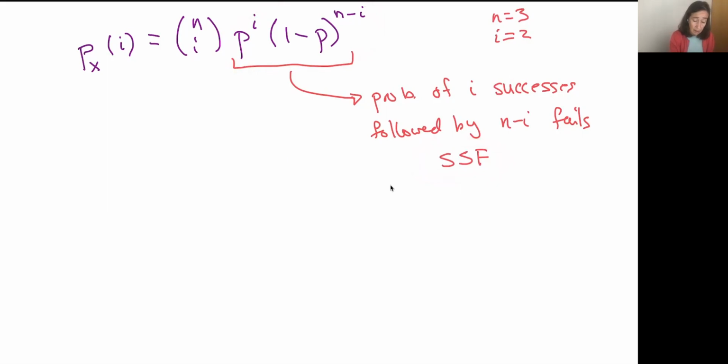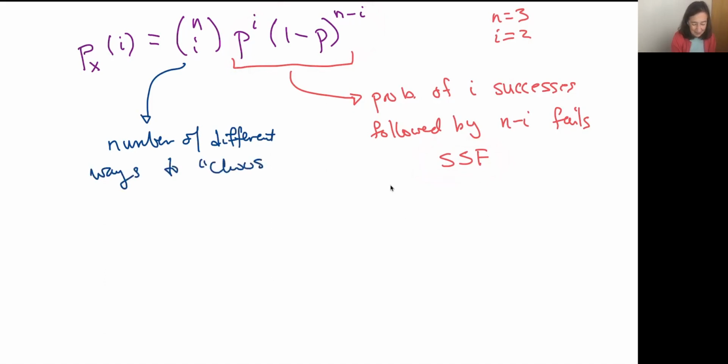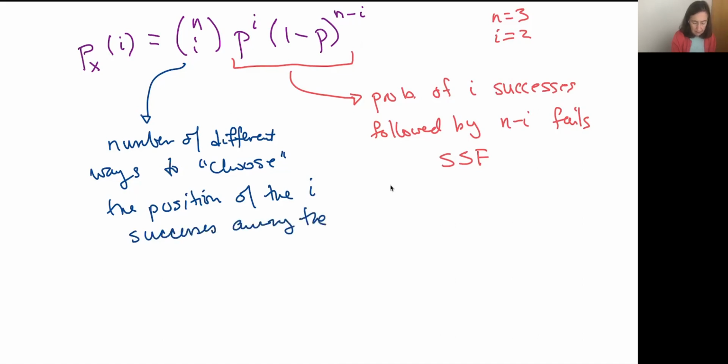So what we need to do then is multiply it by the number of different ways to choose, I'm putting choose in quotes here, the position of the I successes among the n trials.